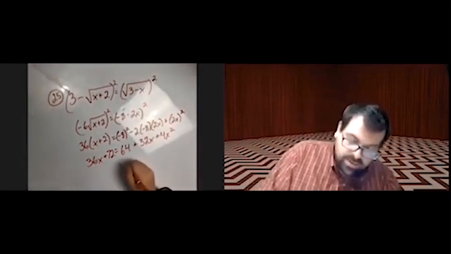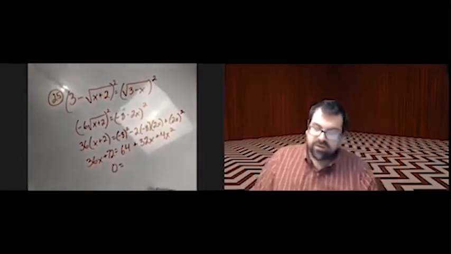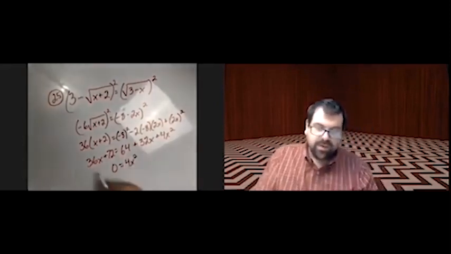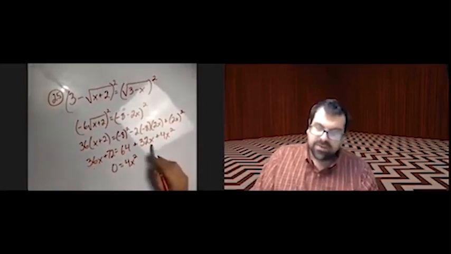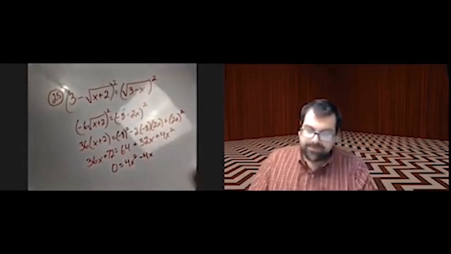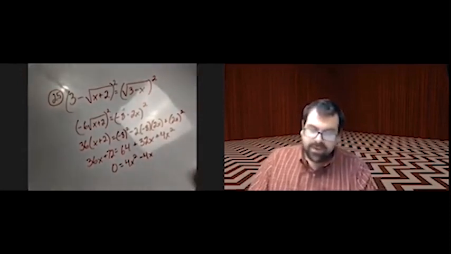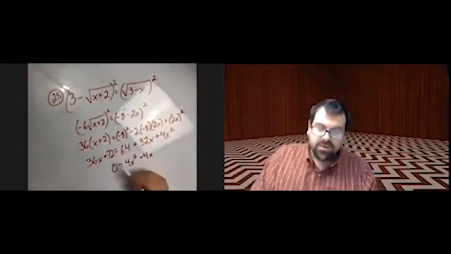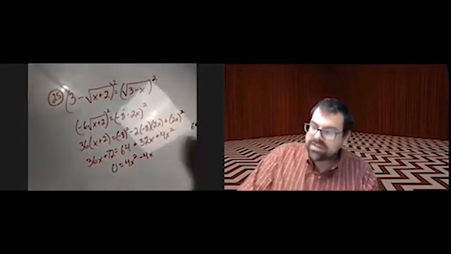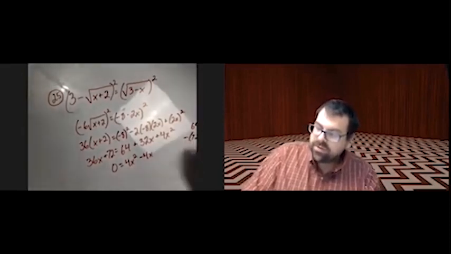Okay. I'm going to move everything over to here. So first I'll have my 4x squared. Then I'm going to subtract 36x. Positive 32 minus 36, that's minus 4x. Positive 64 minus 72, that's going to be the opposite of 72 minus 64.